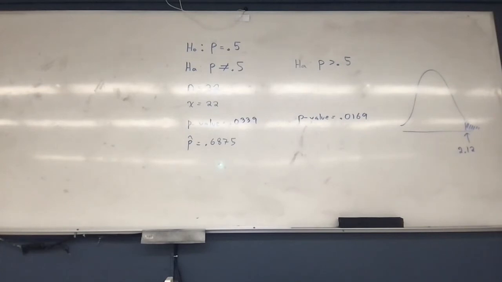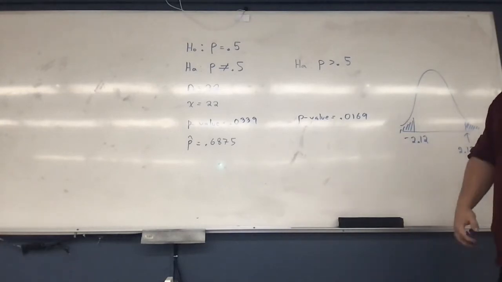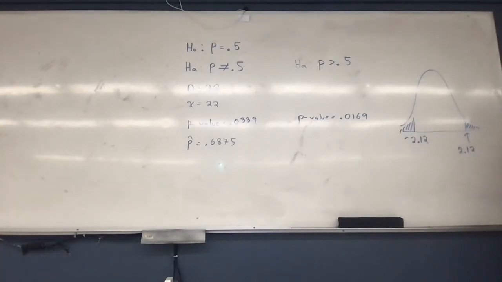If it's two-sided, I want to see if I'm past 2.12 on this side, or equally past negative 2.12 on that side, because either way, I'm past my data point. And by symmetry, the total of these two areas is precisely twice the area of the one. So the p-value for a two-sided experiment will always be, for these types of tests, twice that of a one-sided.